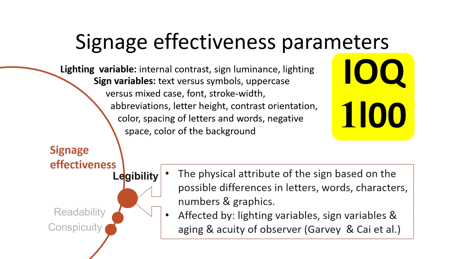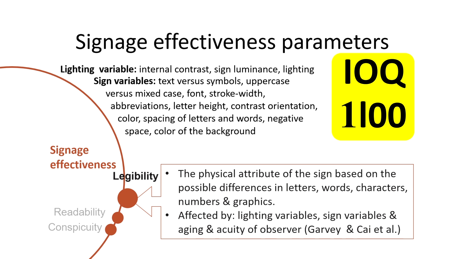Legibility is all about how easy it is to read and understand the text and symbols on a sign. Think about when you are trying to read a sign from a distance while you are moving. If the letters are too small and the font is hard to make out, it can be really difficult to understand what the sign is saying.